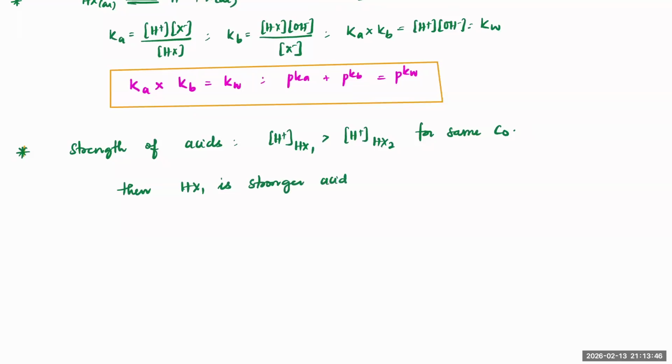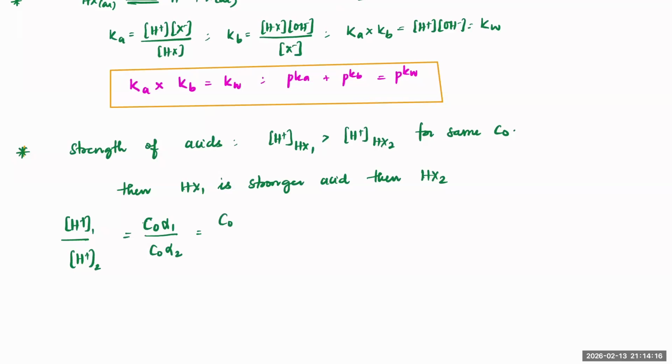Okay, then we can say HX1 is a stronger acid than HX2, which means if I compare, the H plus formula is what, beta? C naught into alpha 1, correct? That divided by C naught into alpha 2. If I take the ratio of H plus concentration of the first one and H plus concentration of the second one, this is what I should get.